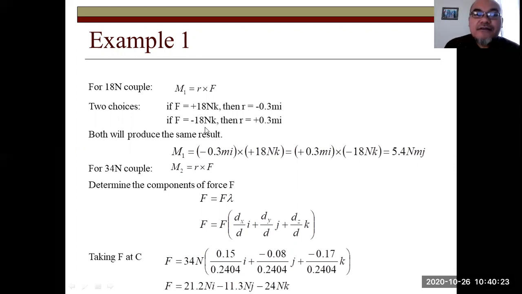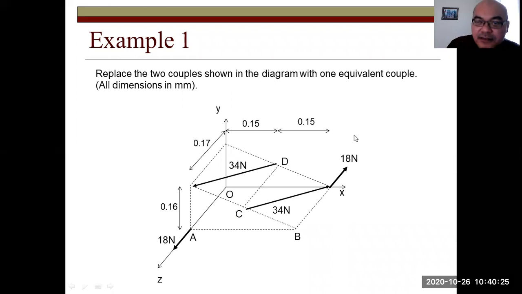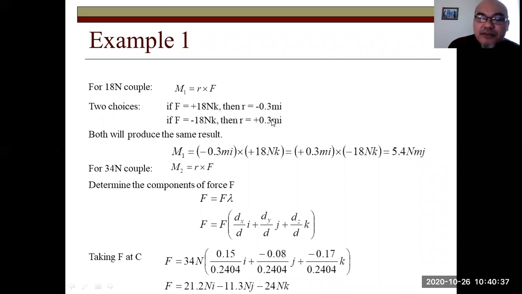If we choose F equal to minus 18 Newton k, on the other hand, then R will be 3 meter i minus 0, so it becomes plus 0.3 meter i. Both will produce the same. So M due to this first couple, 18 Newton, will be minus 0.3 meter i cross plus 18 Newton k, which equals plus 0.3 meter i cross minus 18 Newton k, equals 5.4 Newton meter j.